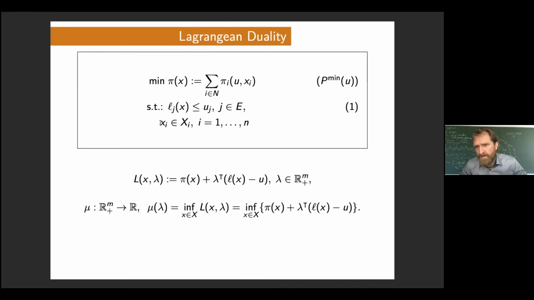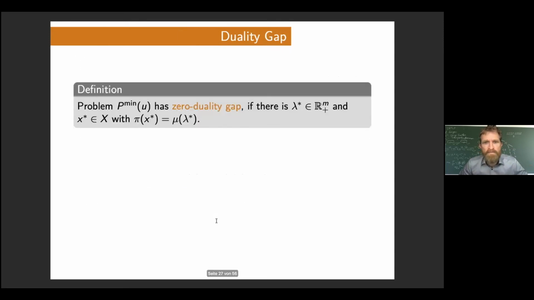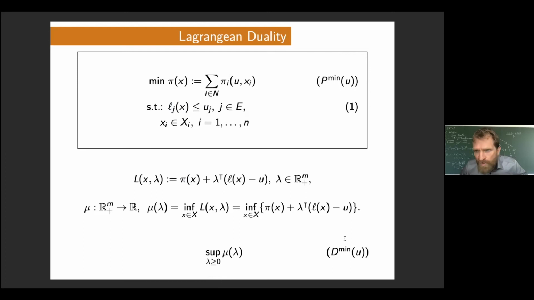We can define the Lagrangian by taking out this constraint and forming the Lagrangian dual. And this is the Lagrangian function with a multiplier lambda. And the dual function is here, we take the infimum over these primal feasible solutions. I think this is standard. And the dual problem is, as you know, we take the supremum of this dual function over the multipliers.